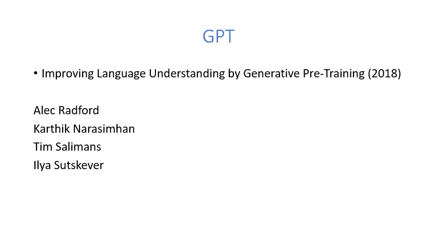One of them is GPT, introduced first in this paper in 2018, Improving Language Understanding by Generative Pre-Training. This generative pre-training, in short, is GPT, and these are the authors. OpenAI introduced this model.